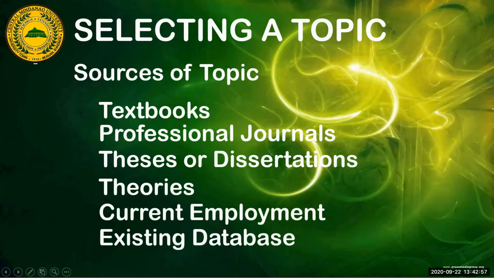Read textbooks, professional journals, theses or dissertations, theories, and reports in your current employment, and ask the persons responsible for databasing in your school or agency to review some information with regard to possible topics that you can conduct research on.